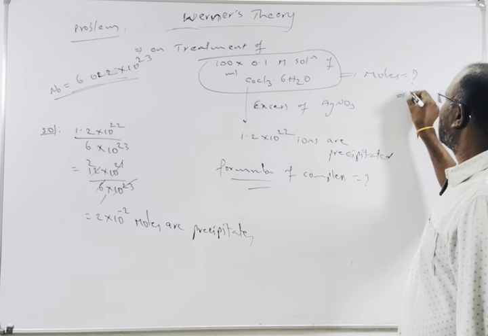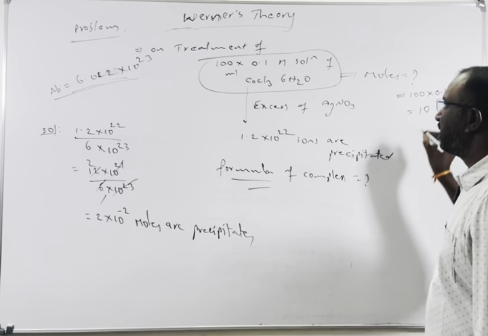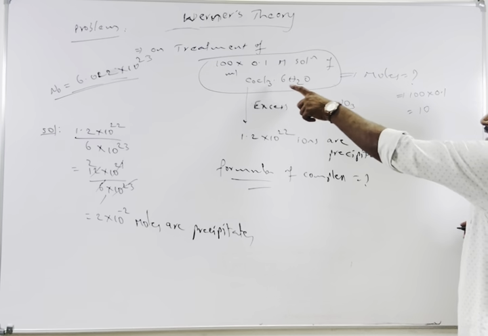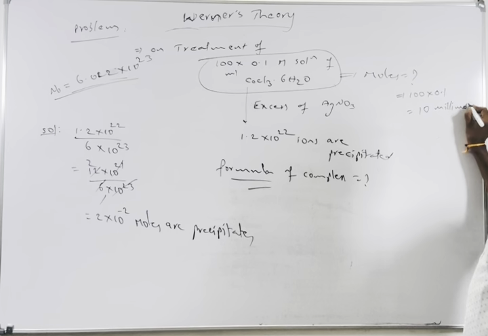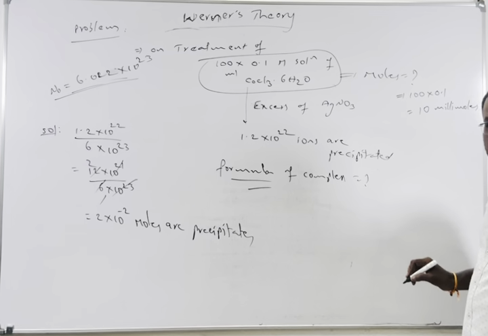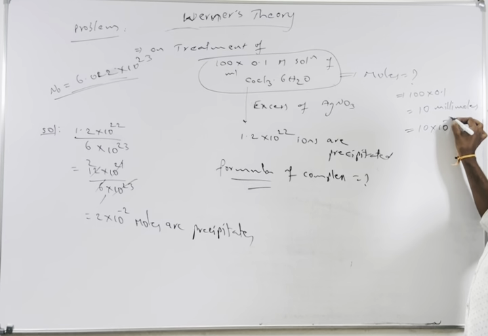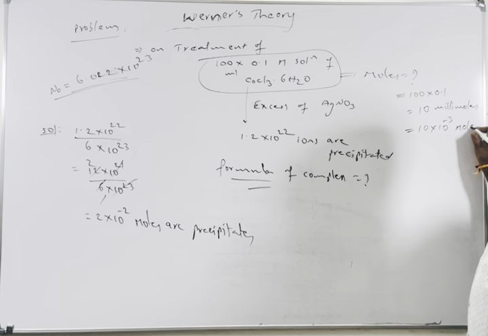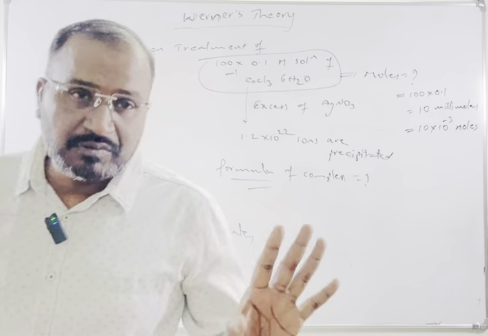That is 100 into 0.1, which is 10. Since the volume is in ml, we are getting millimoles. If I write that in moles, it is 10 into 10 power of minus 3 moles, because 1 millimole equals 10 power of minus 3 moles.